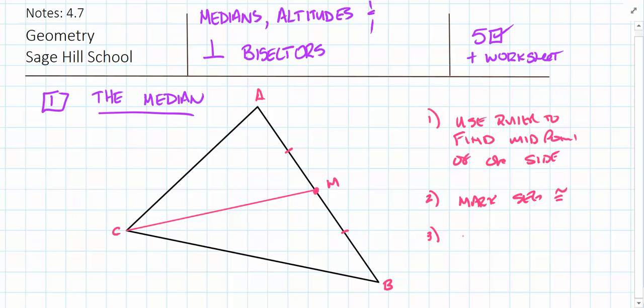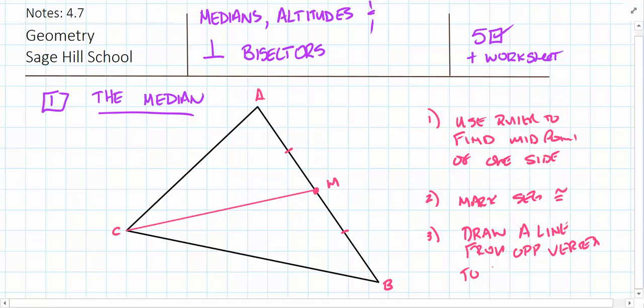So step 3: draw a line from the opposite vertex to your midpoint. Okay.